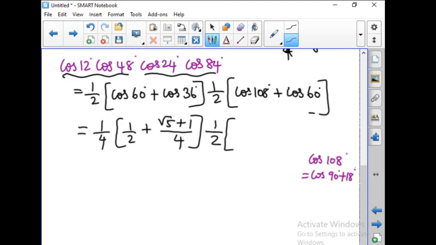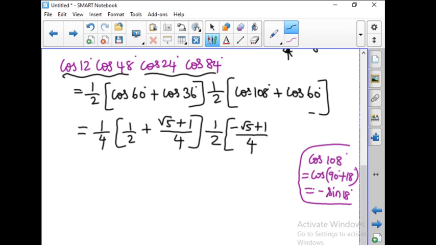Cos 90 plus 18 is in the second quadrant where cos is negative, and since 90 is an odd multiple, sin will change: minus sin 18 degree. So here we are going to use this. Using minus sin 18 degree, we get minus root 5 plus 1 divided by 4 plus cos 60, whose value is 1 by 2.